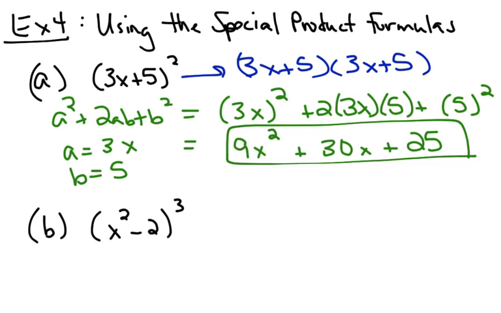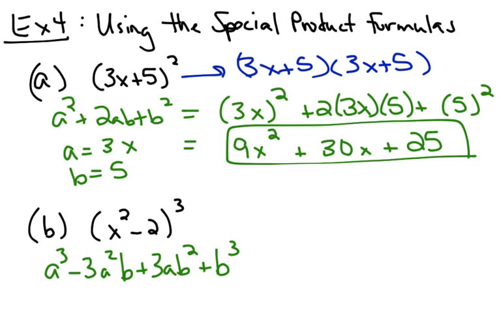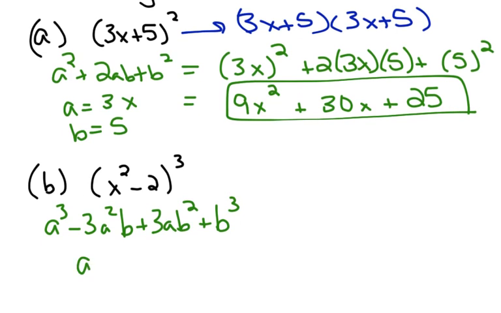Alright, now let's go look at x squared minus 2 cubed. In order to do that, the definition for cubing a difference was a cubed minus 3a squared b plus 3ab squared plus b cubed. A is x squared.